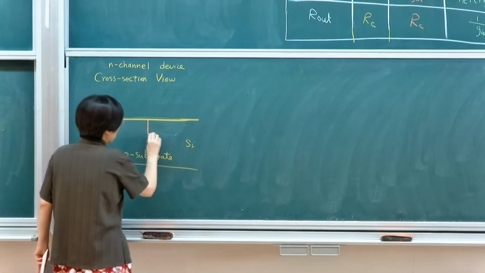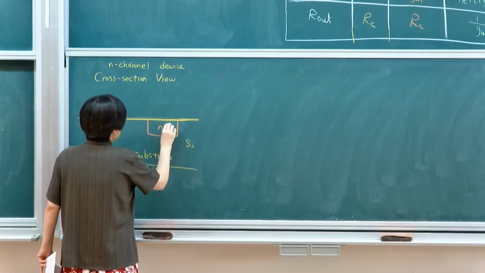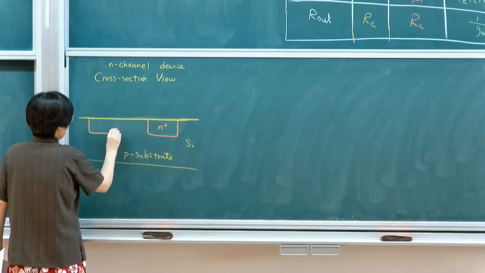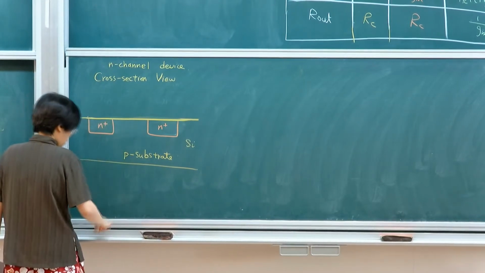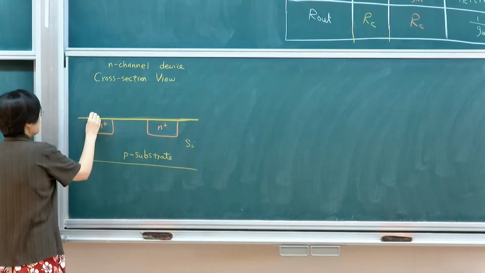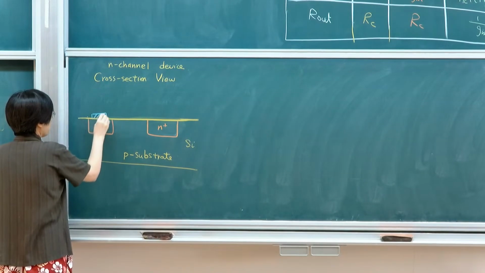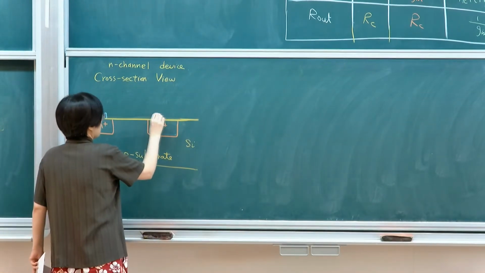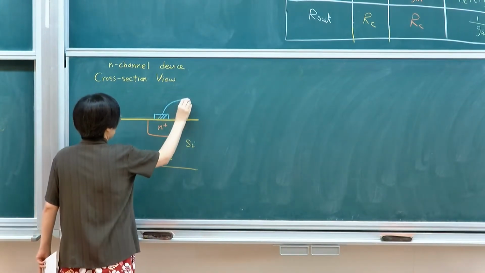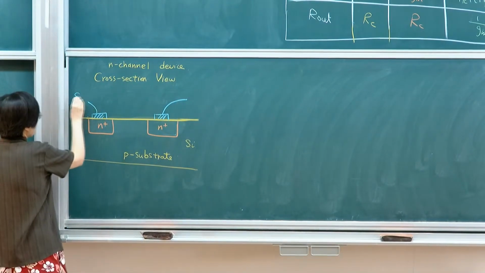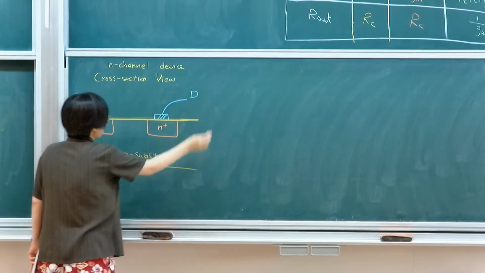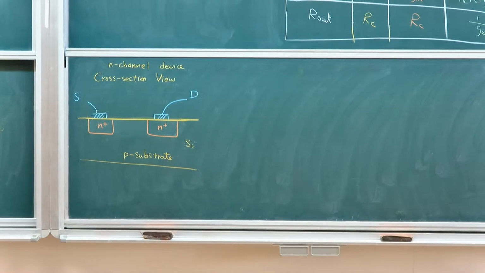So I'm starting with the substrate, and this is N+. I'm connecting to a metal. This is the metal contact to the two most important terminals, which one is called the source, the other is called the drain.